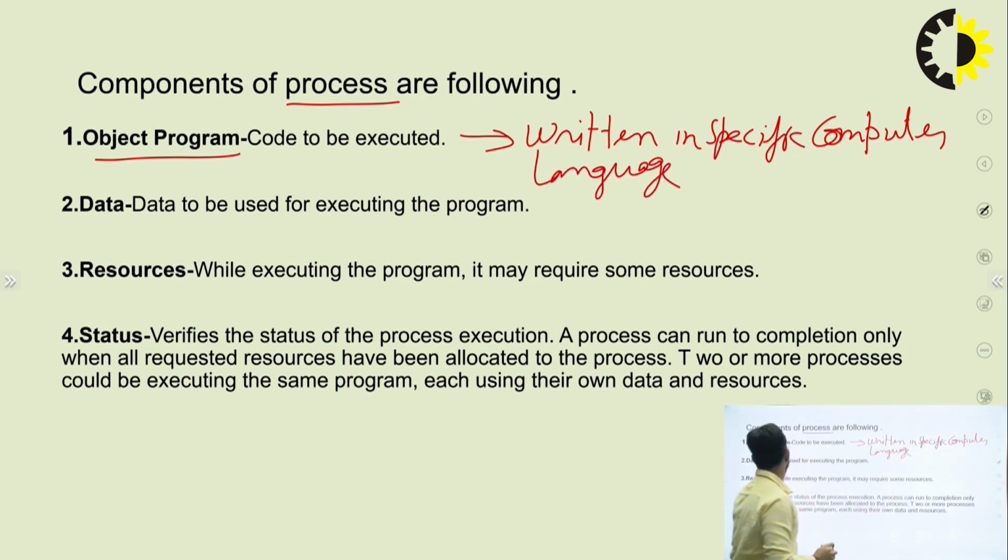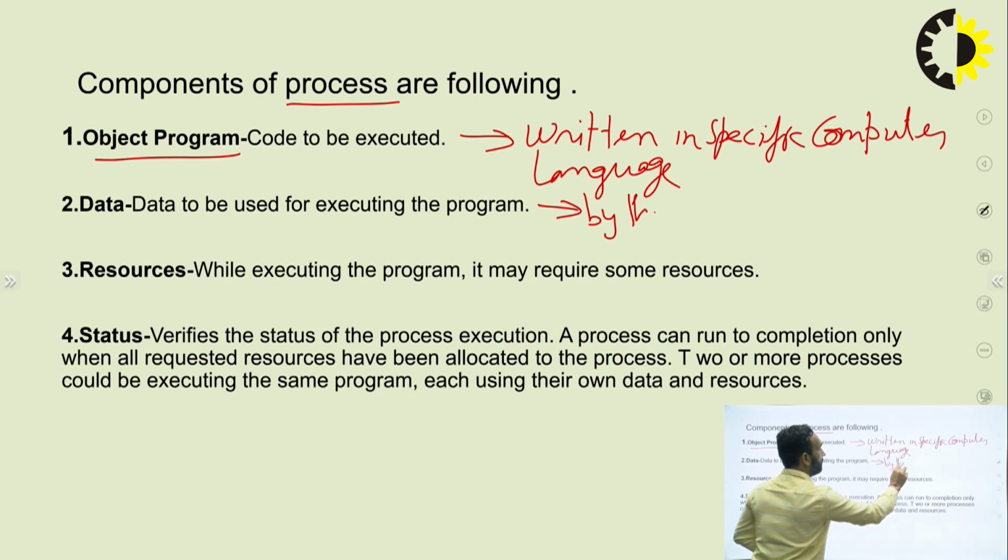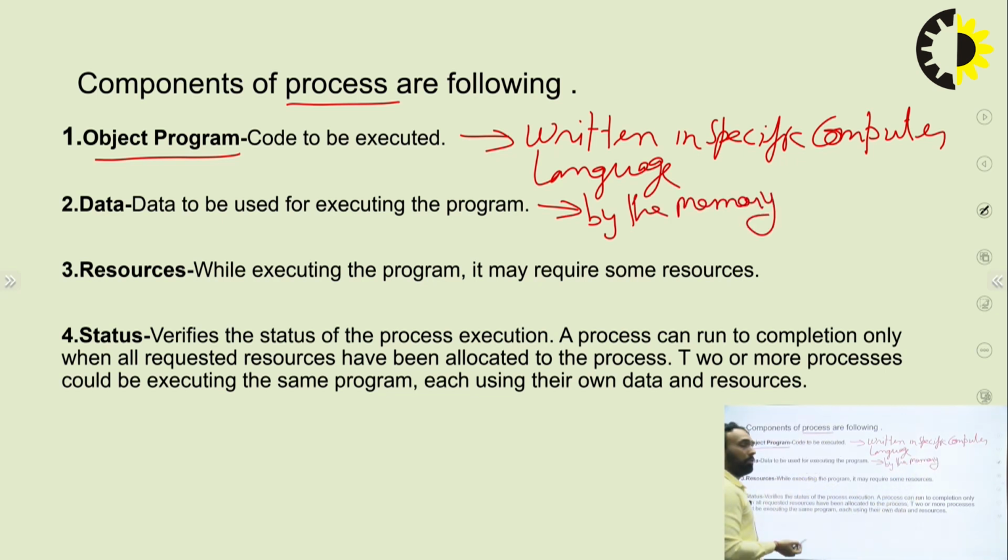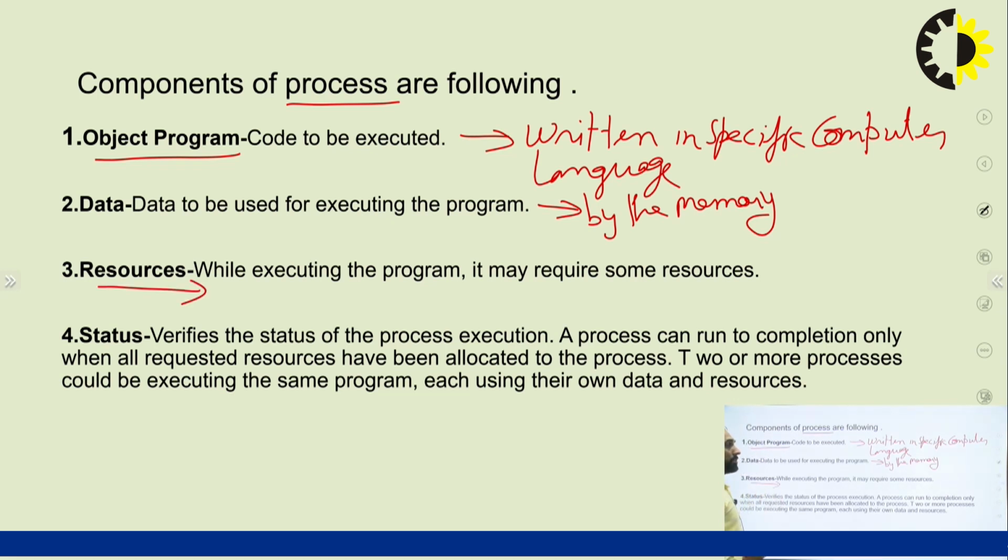What is data? The data is used by the memory, or we can say we pass different data types that are required for the execution of the required program, and we also use different resources to execute a program.